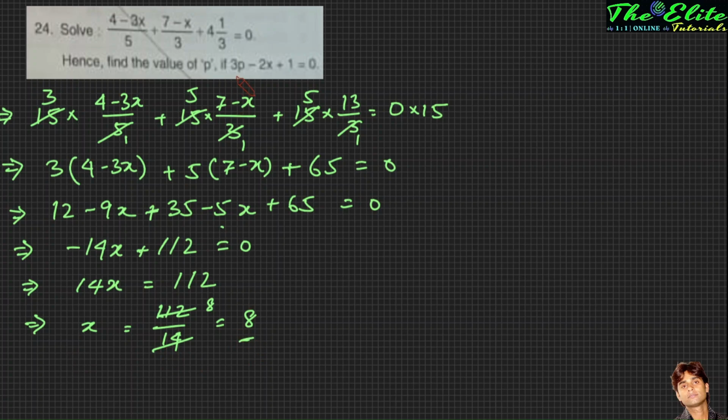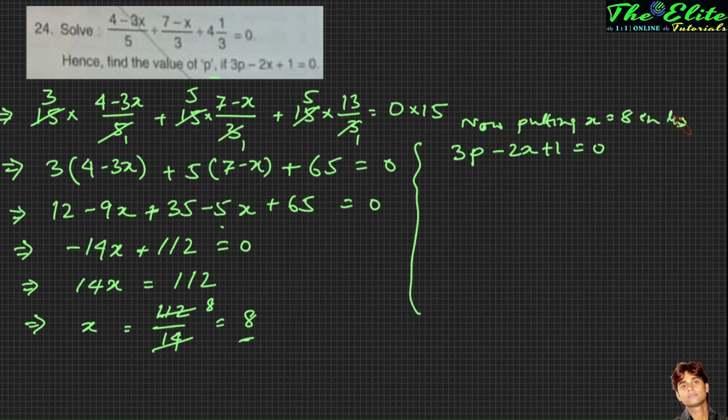Now see, they are saying to find the value of p if this is this. So this will be the second part, that you have to put there: 3p minus 2x plus 1 is 0. Now putting x is equal to 8 in this equation, what will happen?